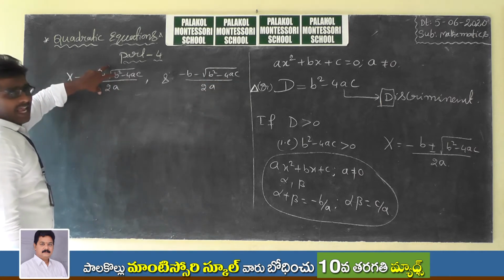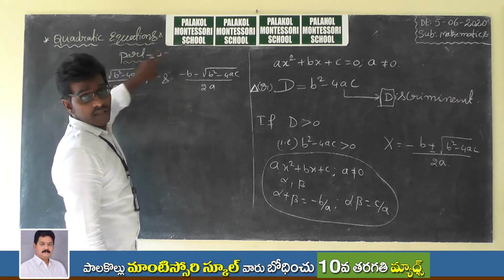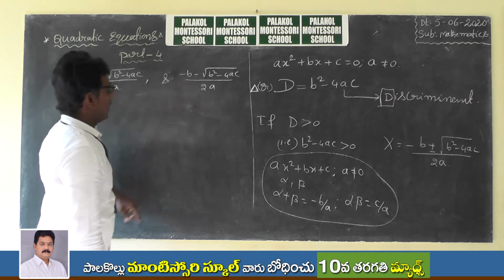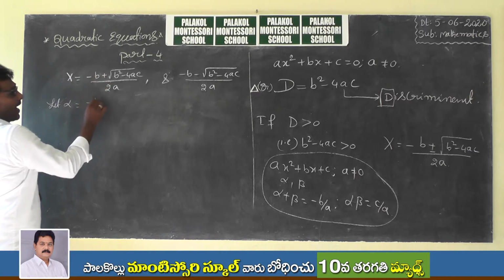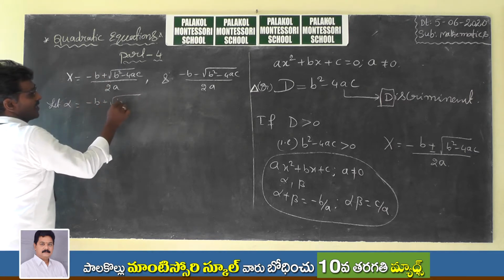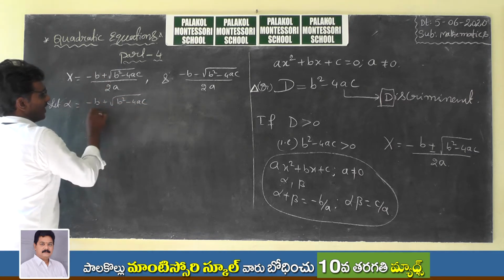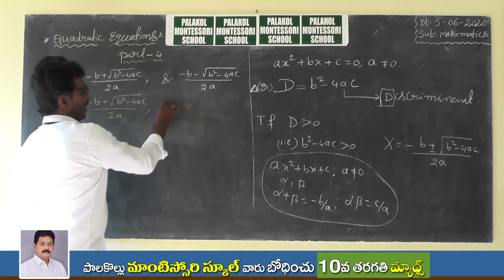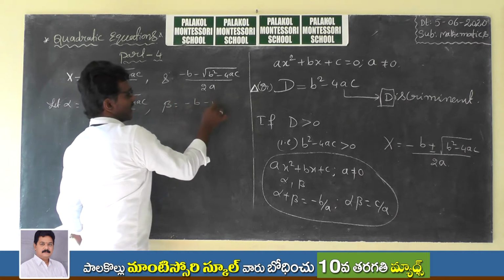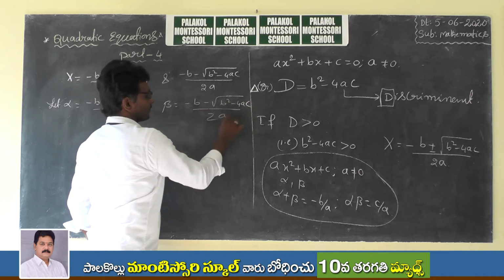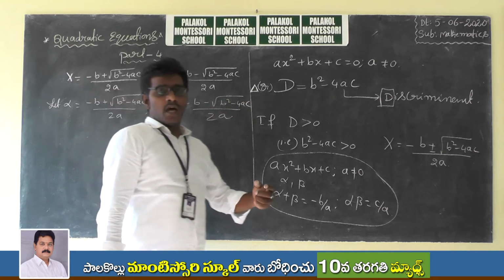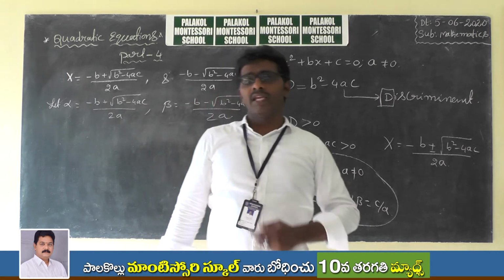This one we say alpha, this one we say beta. Let alpha is equal to minus b plus root of b square minus 4ac by 2a, and beta is equal to minus b minus root of b square minus 4ac by 2a. You know that alpha and beta are the roots of the quadratic equation.